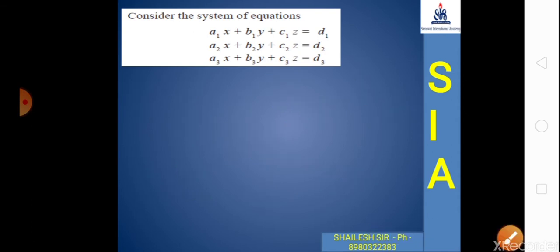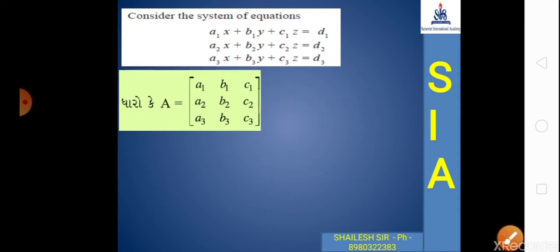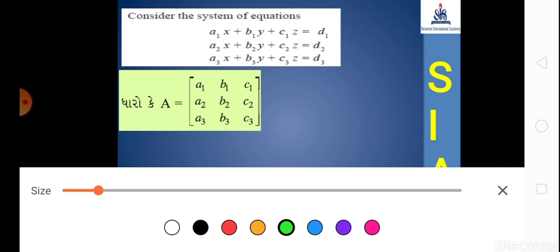Yes, now let's start converting into matrix form. Every coefficient of x, y and z I put here: a1, b1, c1, same as a2, b2, c2, same as a3, b3, c3.